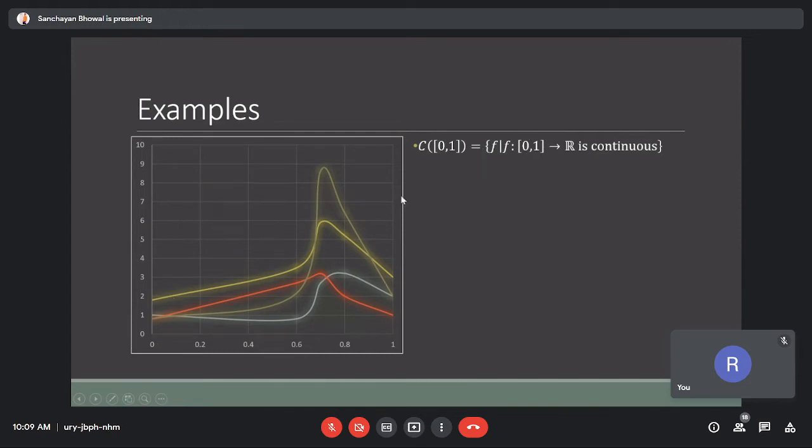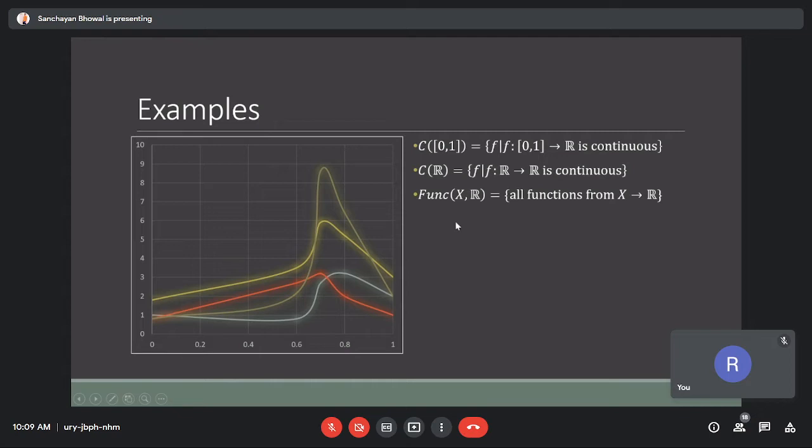We take the interval [0,1] and define C[0,1] to be all the continuous functions from [0,1] to R. Now what is so special about [0,1]? There is nothing special, so we can define it on all of R. Again, what is so special about continuous functions? We don't need continuity. We can define it for any metric space X, and take all the functions from X to R.